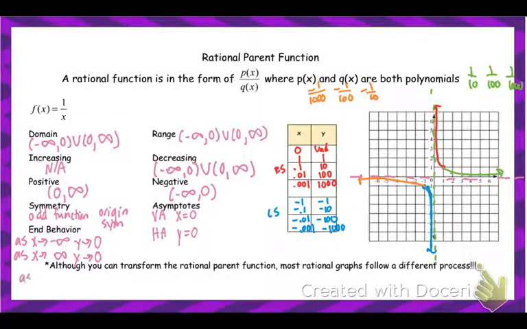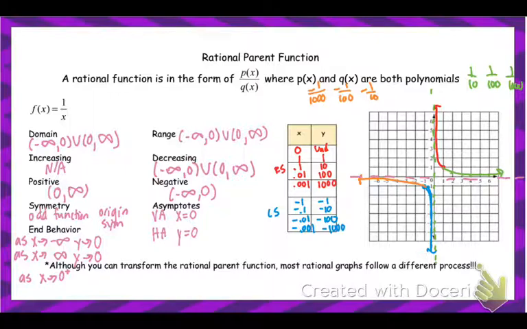So what we're going to look at is what happens as x approaches that vertical asymptote. The problem is it's approaching two different values based on what side of the graph you're looking at. So we can specify which side we're talking about by putting a little plus or a little minus up there in the corner. That little plus means as x approaches 0 from the right side.